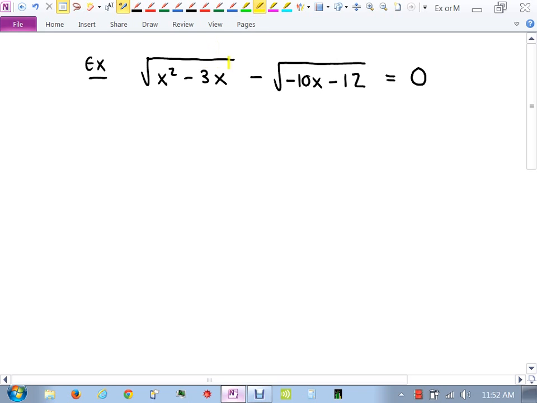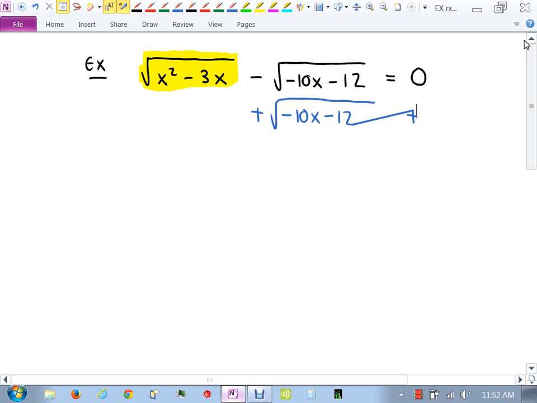So I'm going to pick this one to isolate, which means I have to take the other square root and take it to the other side of the equation, don't I? How do I get that other thing to the other side? I add the whole thing on both sides. So I add the square root of negative 10x minus 12 on both sides.